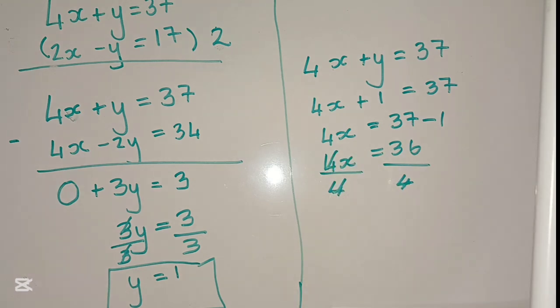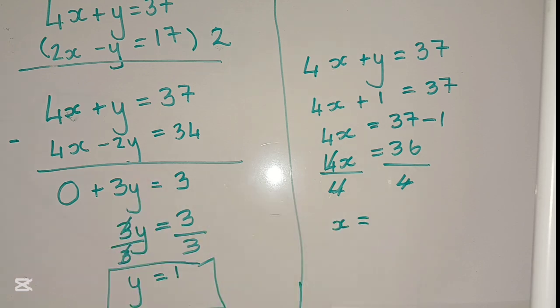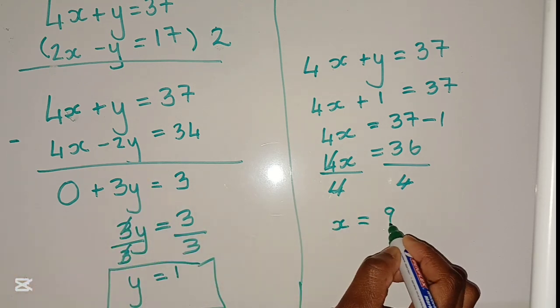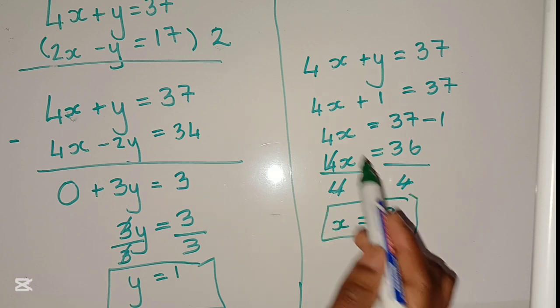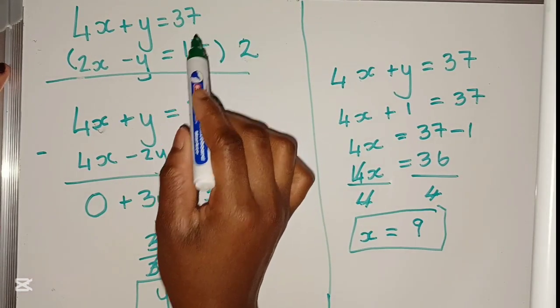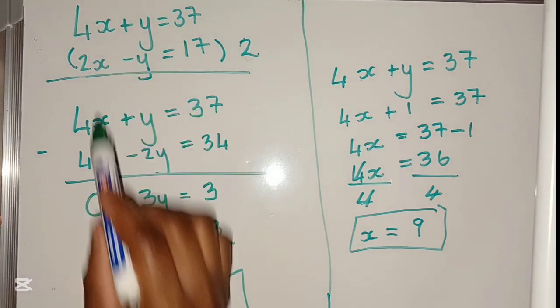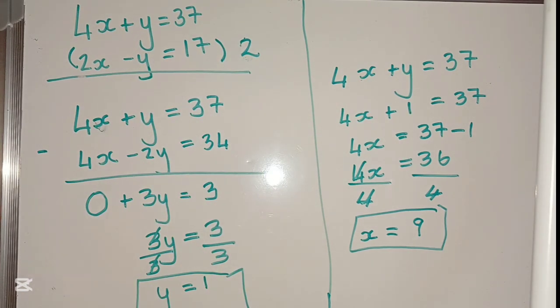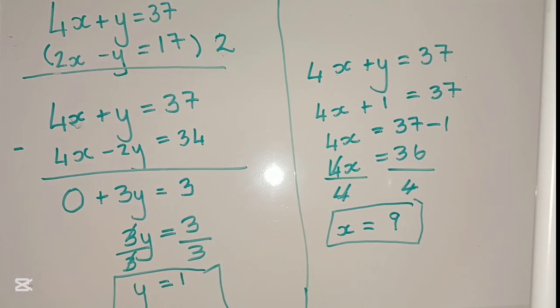These two cancel out. The x comes down as it is. 36 divided by 4 is 9. So the value for x is 9, and the value for y is 1, the same answers that we got when we first decided to eliminate the variable y.